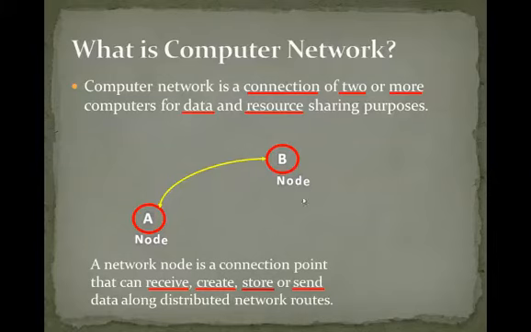When you look at a node here, it can create a data item to transmit, or it can receive communicated information from B. A can create and send, but it can also receive and store.